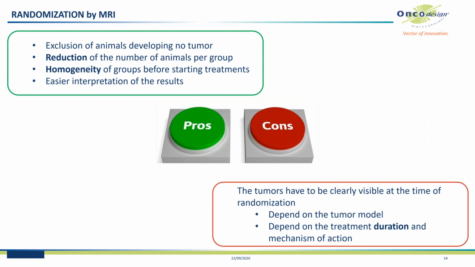But this is not always possible because you need the tumors to be clearly visible at the time of randomization. So it's not possible for all models, because you also need to randomize depending on the treatment duration, the rapidity of the model, and the mechanism of action. So if you can't wait long enough to have a clearly visible tumor, it won't be possible to randomize based on MRI.